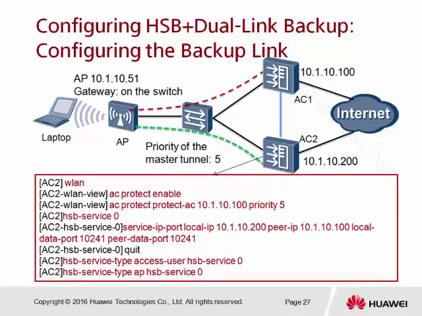And AC2 sets itself to priority 5. When 5 is compared against priority 1, AC1 will have the highest priority, because previously we already changed the custom priority to 1.